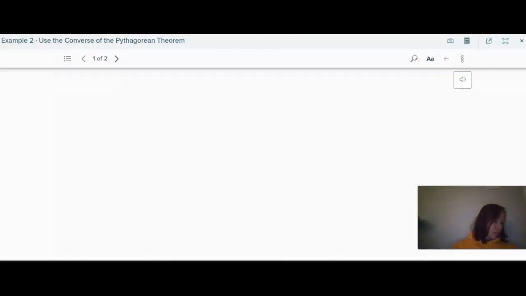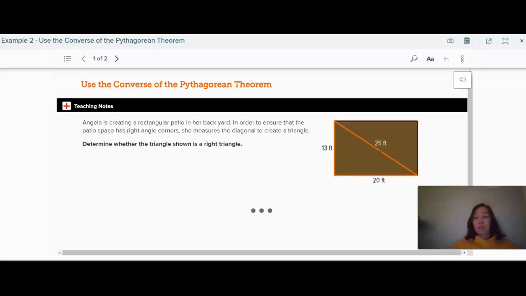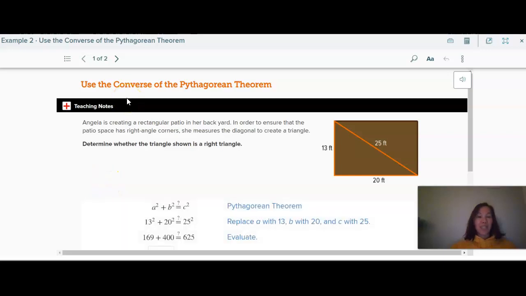This one is on page 419. Oh my goodness, this video is going to be way too short. Use the converse of the Pythagorean theorem. Is this a right triangle with side lengths 13, 20, and 25? I'm going to plug in the numbers again. 25 goes in for C, the biggest number goes in for C. We're going to find out, do 13 squared plus 20 squared equal 25 squared?